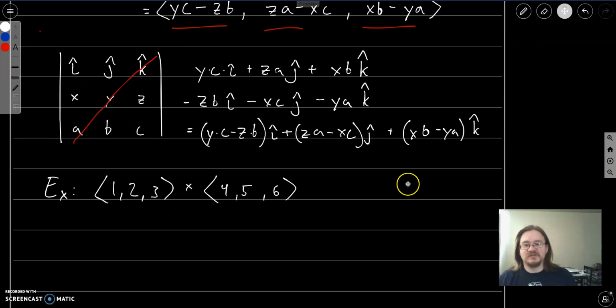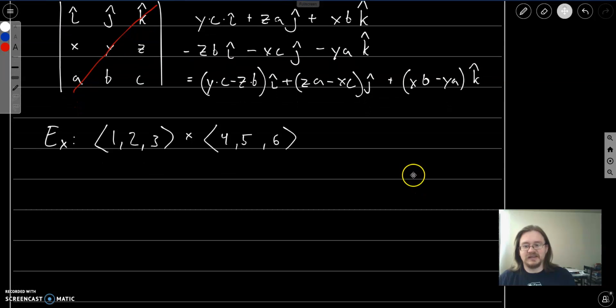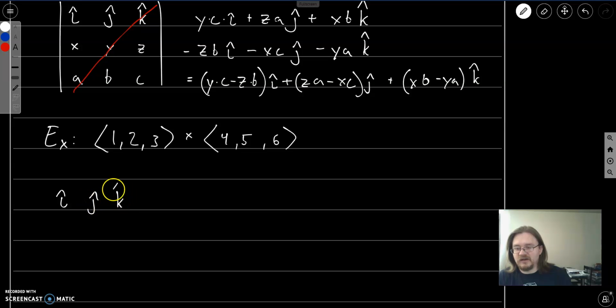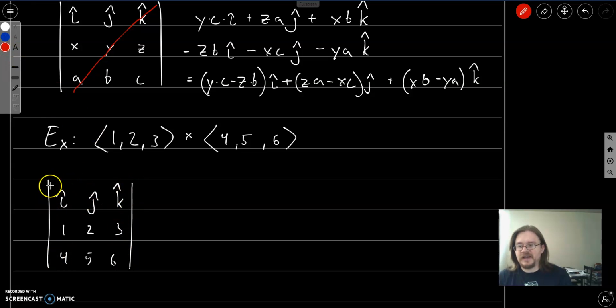So let's do an example, because I think this is quite a lot to take in. I'm going to write down my little 3x3 grid, and I've got 1, 2, 3, and 4, 5, 6. And let's go through my diagonals. The first diagonal, pointing down and to the right, is going to be i.